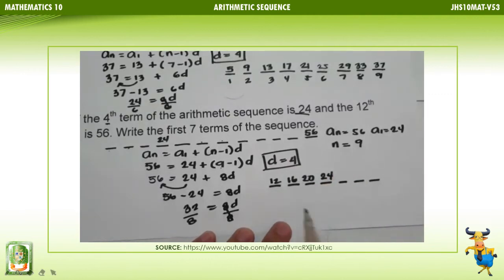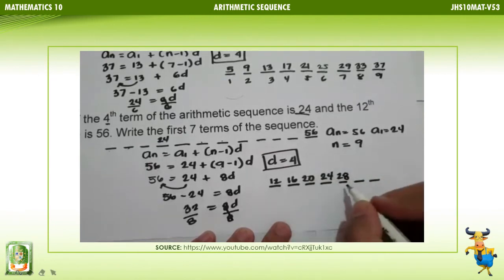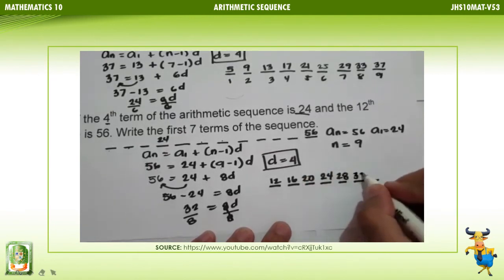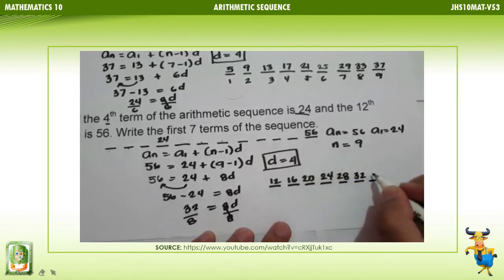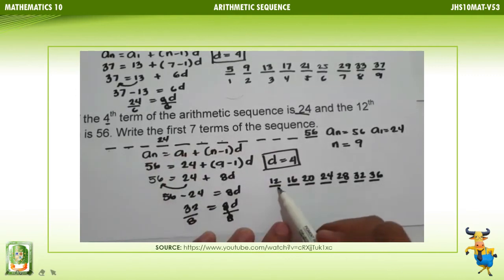Then the next terms after 24: 24 plus 4 is 28, 28 plus 4 is 32, 32 plus 4 is 36. So therefore, the first 7 terms of the sequence are 12, 16, 20, 24, 28, 32, 36.